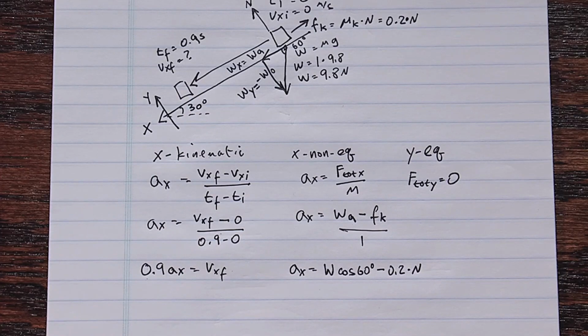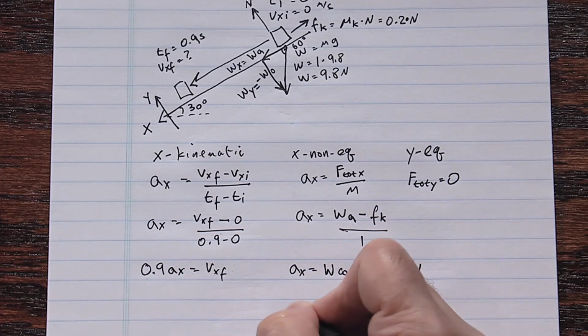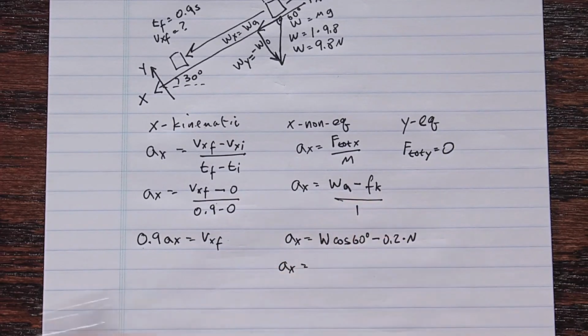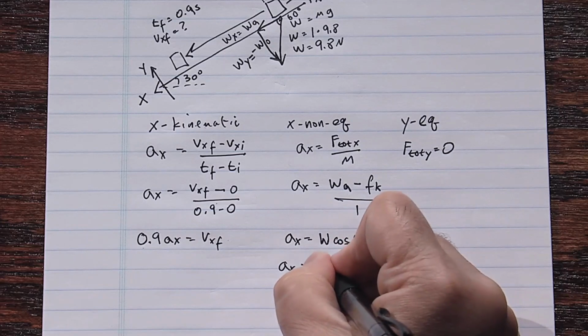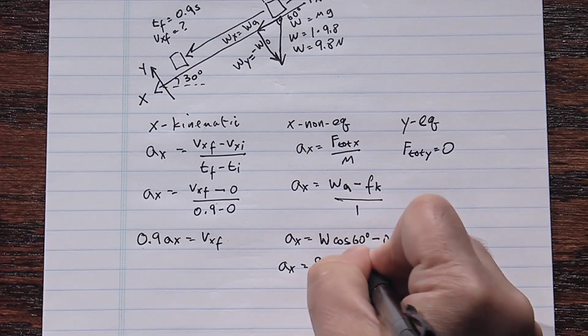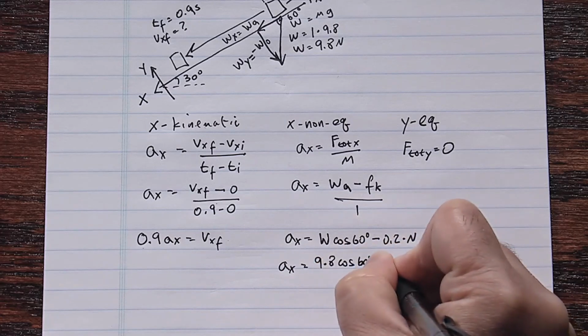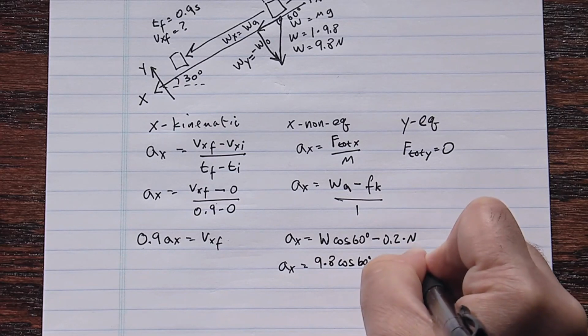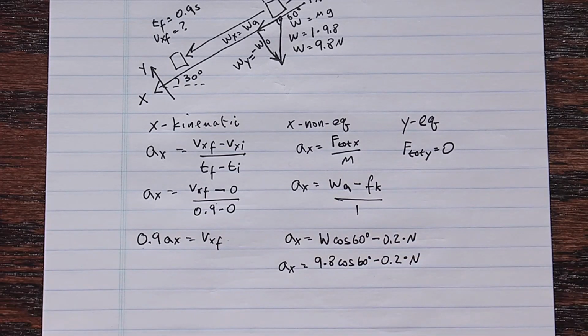Well, we don't need to write in divided by 1 since that doesn't change anything. And finally, we can write Ax is the weight of 9.8 newtons cosine of 60 degrees minus 0.2 times the normal force. So once again, we're in the situation where we have an equation with two unknowns in it.